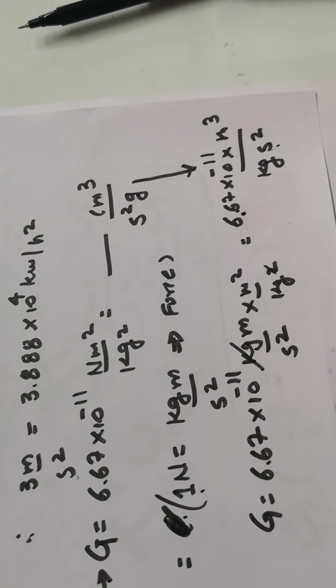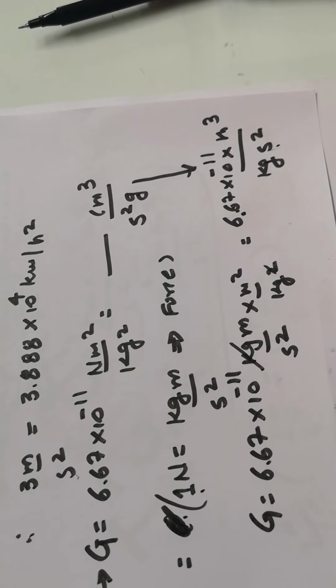Second square has no importance because second is second, whether you take MKS or CGS. It will be as it is, so I am putting that as it is. So I can have 6.67 × 10^-11 × 10^6 centimeter cube divided by 10^3 gram second square.